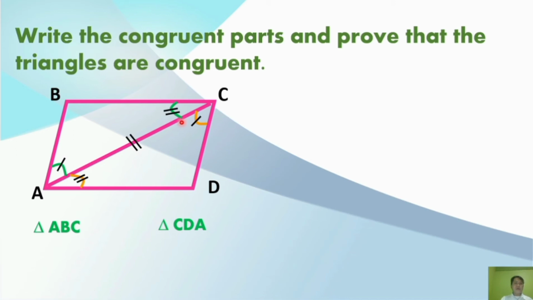So meaning this is the third pair of corresponding parts that is to be marked congruent. So in this case, we already have three pairs of corresponding parts that are marked congruent. And what are those? We have angle, side, angle. On the second triangle, we have angle, side, angle. So we have ASA, or angle, side, angle. What is the first pair of angles that are marked congruent?